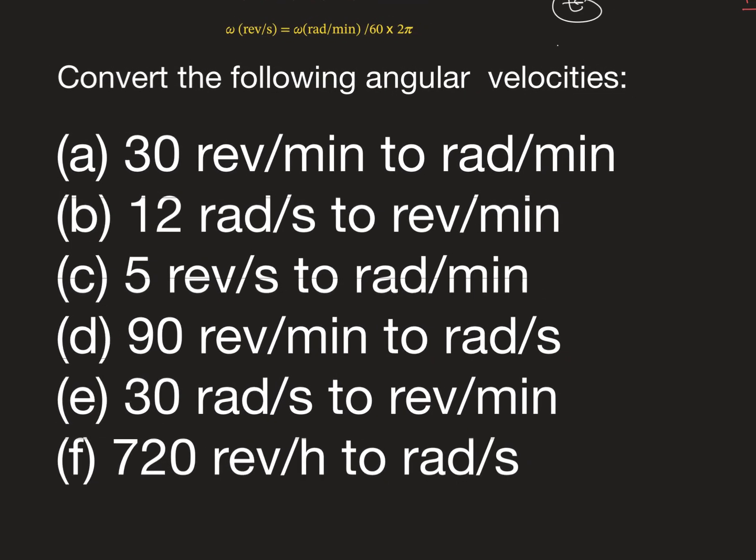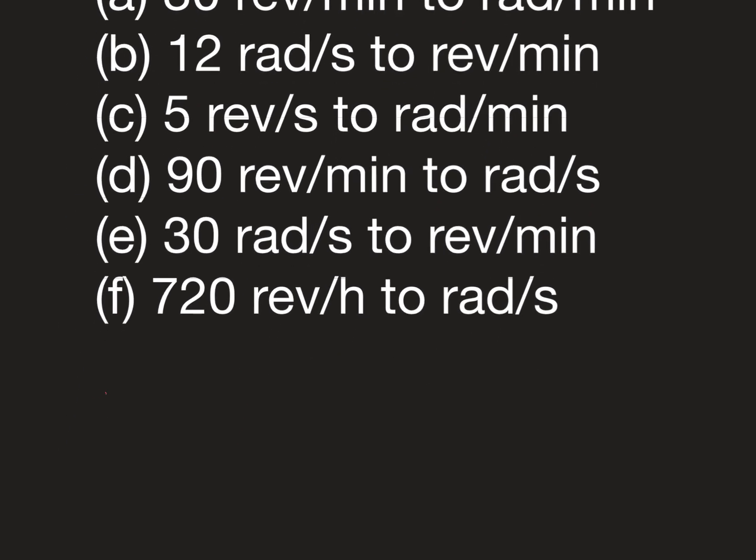So now let's try to do the following conversions. Question A, we want to convert from 30 revolutions per minute to radians per minute.